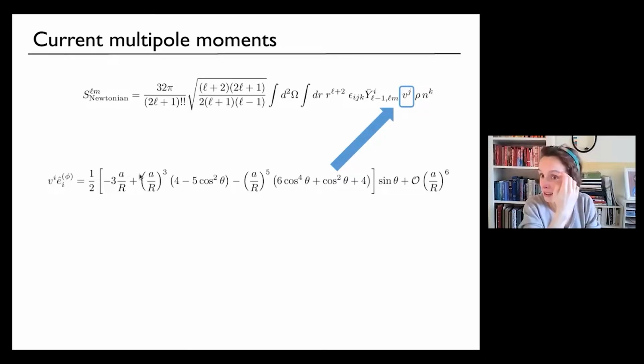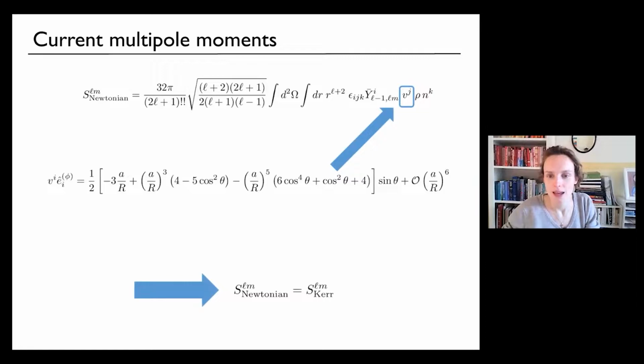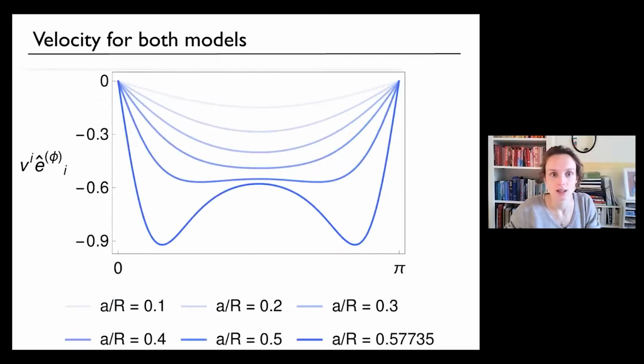And we can essentially push this to any order we like, as long as you're patient enough to calculate it. And if you do that, of course, again, the Newtonian spin multipole moments are identical to those of the Kerr spacetime. In fact, this velocity profile is the same for both the constant radial profile and the thin shell model. And what you see is that also in this case, it's not isotropic.